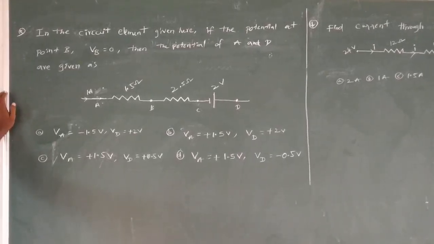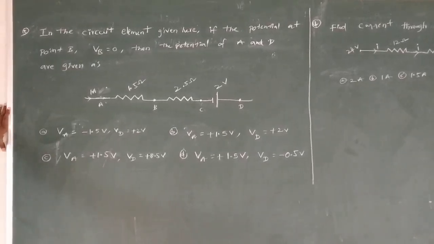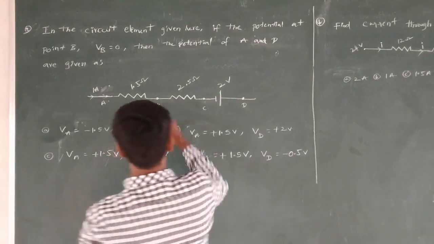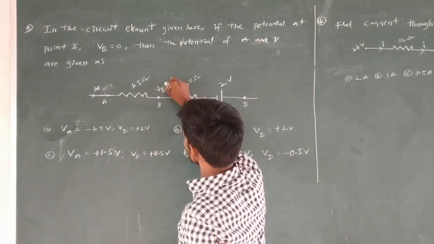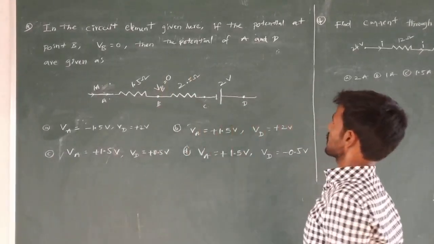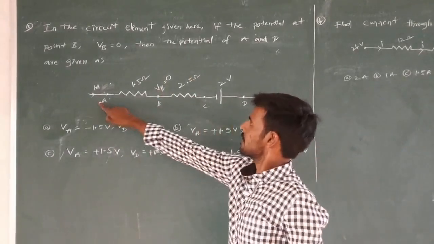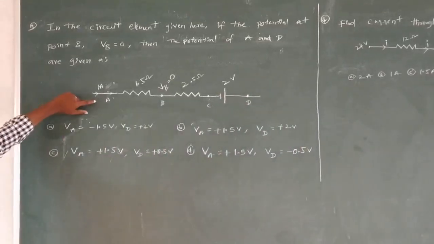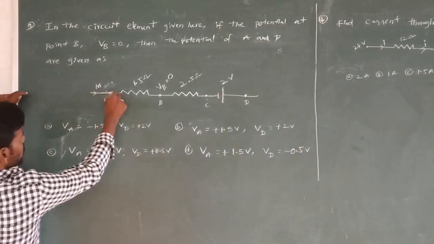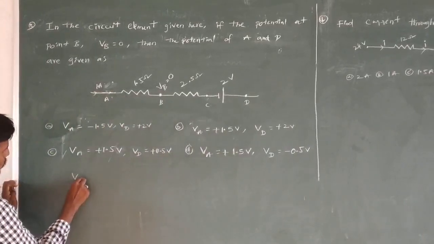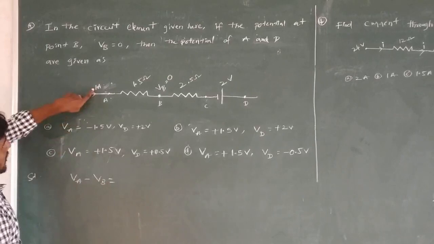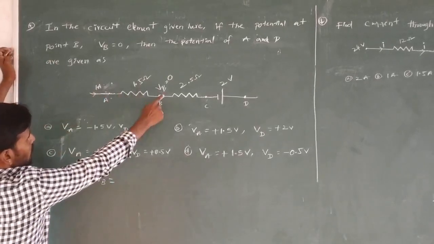Next question. In the circuit element given here, if the potential at point B, VB, is equal to 0, then find the potentials at A and D. First, A to B: the potential from A to B, VA minus VB, is equal to IR, since the direction represents higher potential to lower potential.